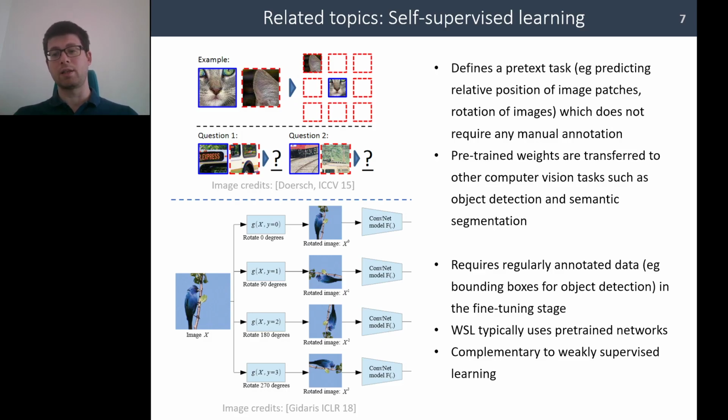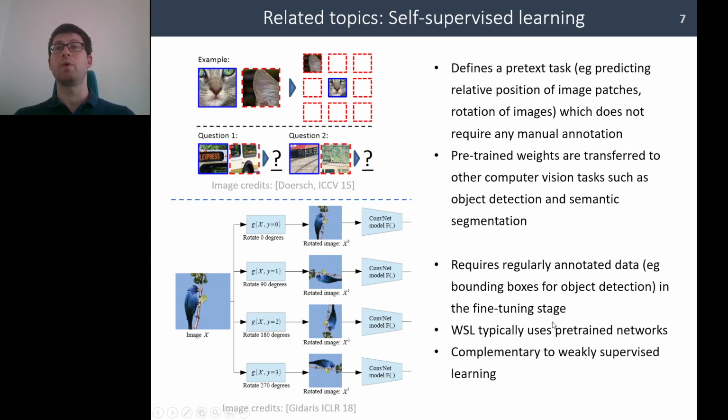Once the task is defined, we can train a deep network on that. But then we freeze these features, or we use these parameters to transfer to downstream tasks. So I think the difference to weakly supervised learning is quite obvious. At the end, self-supervised learning, if it is for object detection, typically uses regularly annotated bounding boxes to fine-tune these representations.